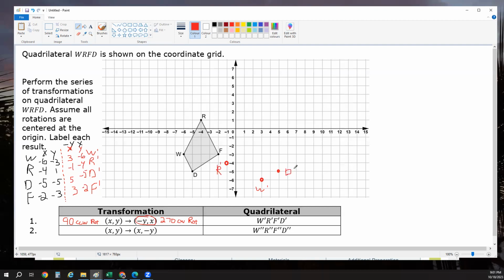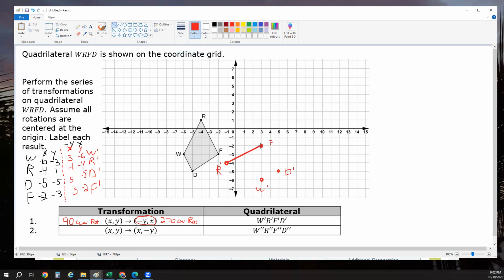And then finally we have F prime, which is going to be 3 and -2. So let's run all those together and see if it makes sense.